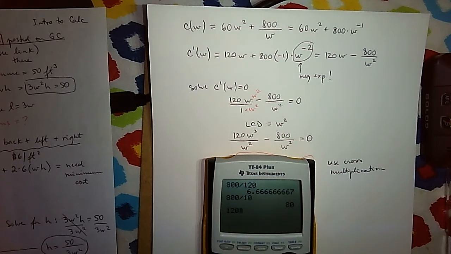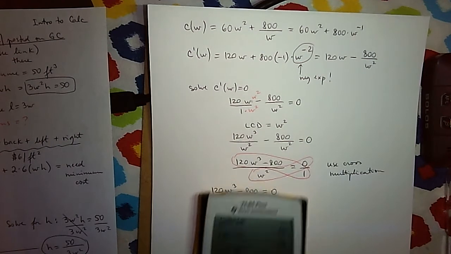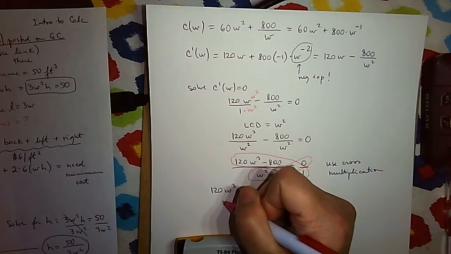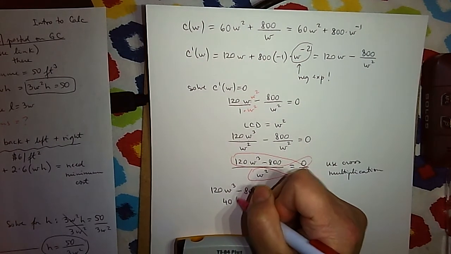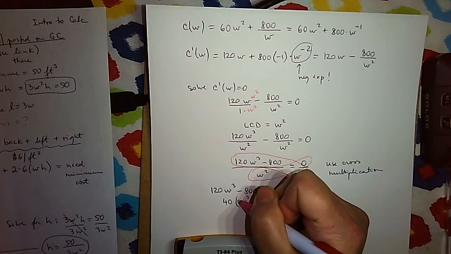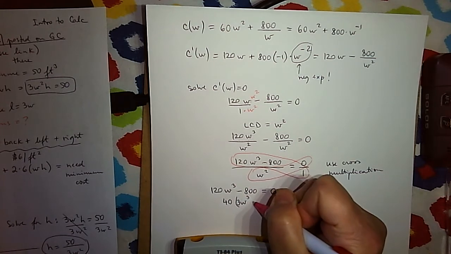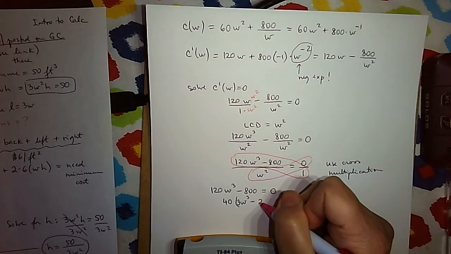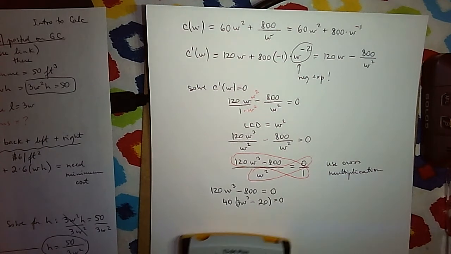So 120 divided by 10, that's 12, but I think there is more to go, so probably we have another 4. So that means we might as well go 40. Yep, 120 divided by 40. Okay, so we are going to do 40 as a GCF, and then I have W to the third times 3 left over, and then subtract 20 equals 0.